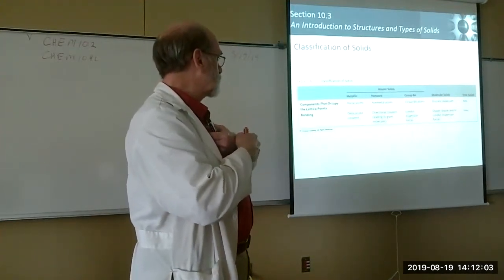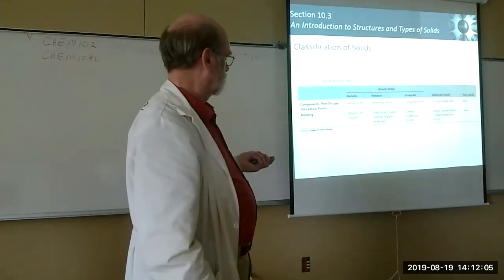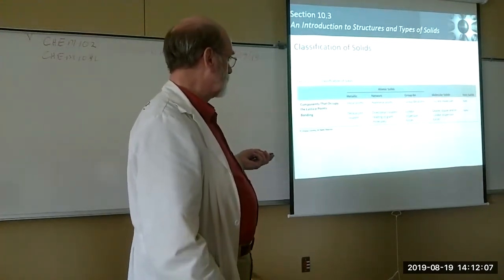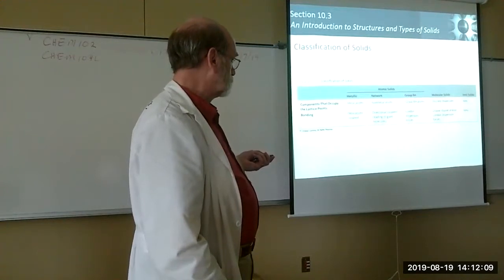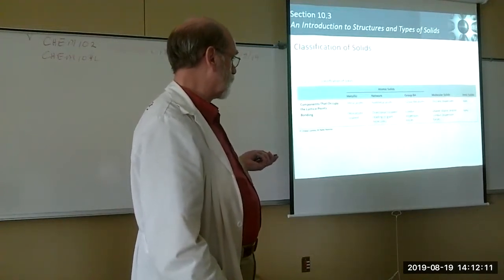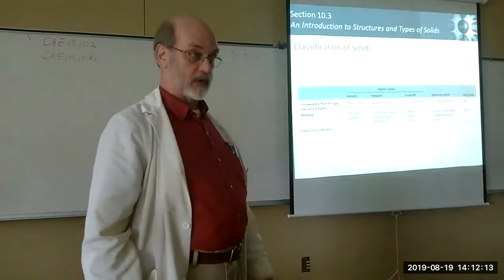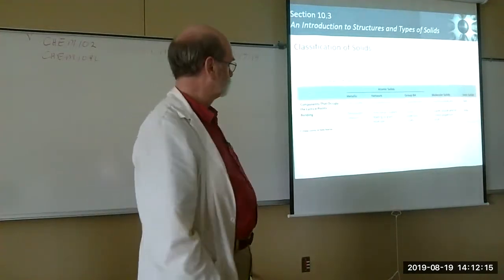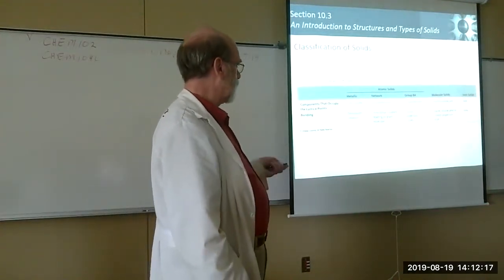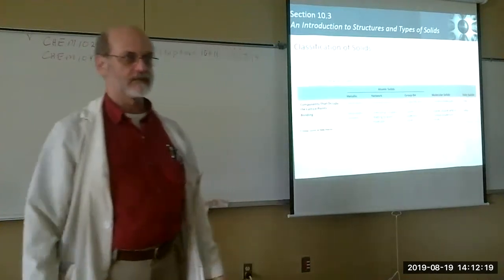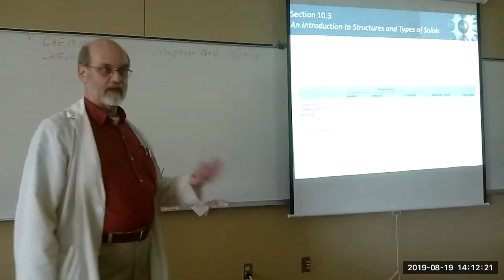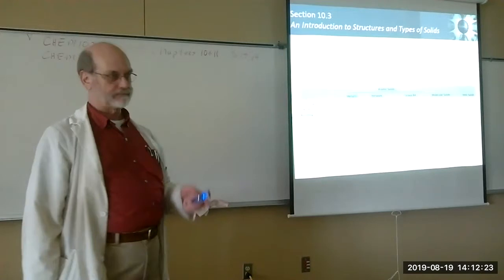How do molecular solids hold together? Since they're discrete molecules, they're held together by dipoles, or if the dipoles are absent, by London dispersion. And then, of course, ionic solids are obvious. Positive and negative charges hold them together.